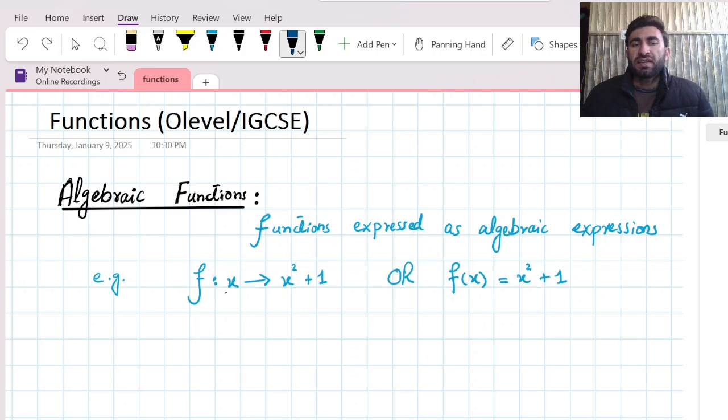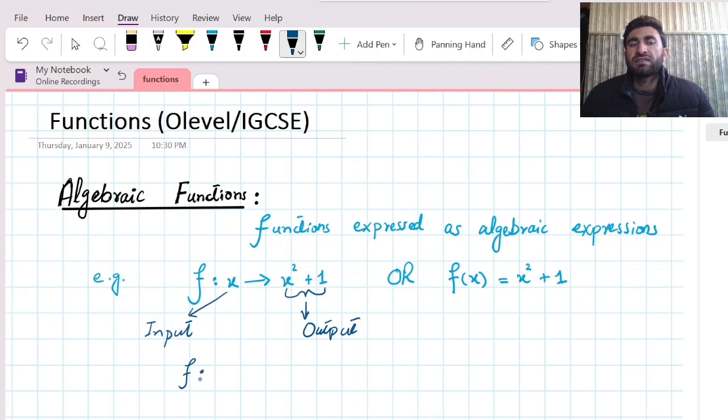So in this function f, x is considered as the input of the function, or we can also say the pre-image, while x square plus 1 is termed as the output of the function, or we can also say the image of x under f. So in algebraic functions or any other function, we can change the input of the function.